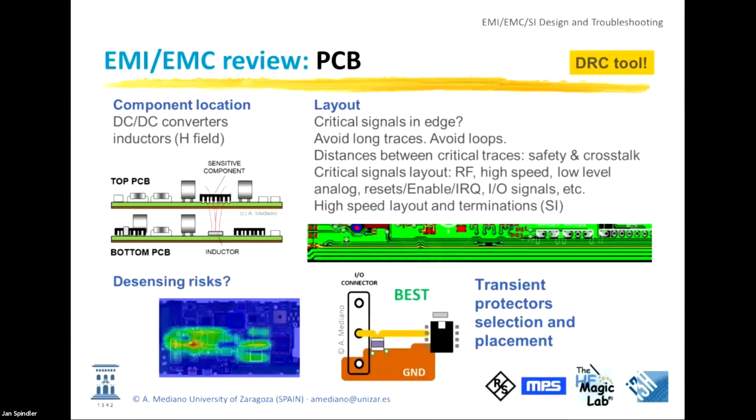Another important thing to consider is related with component location, where you put, for example, inductors. Inductors are very, very aggressive, and they are very, very sensitive. So you have 2 PC boards, and you put one on top of the other. And in one of the PC boards, you have an inductor, for example, for filtering. The noise that is coming from some aggressive area will be introduced in the inductor and will go out, so you will fail in conducted emissions.